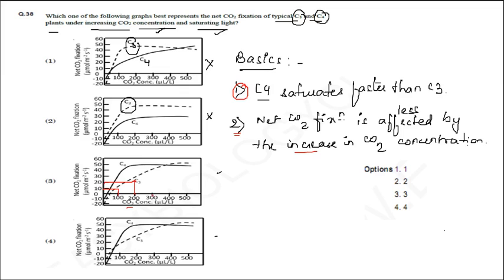For 300 it's around 35, for 400 it's around 40. So when CO2 is increased, net CO2 fixation also increases. Let's go for C4 now.